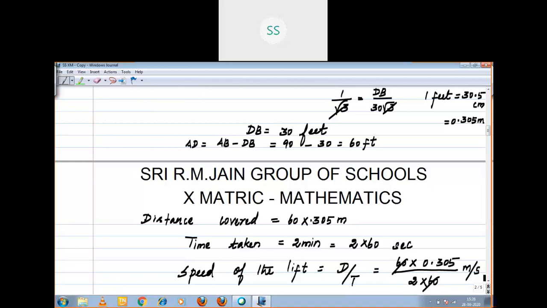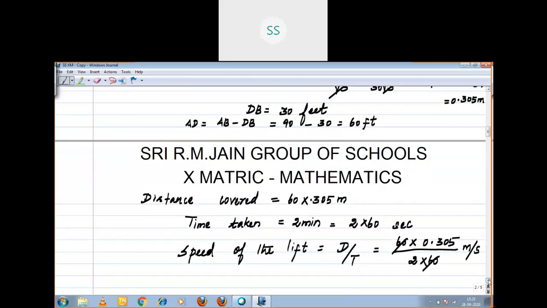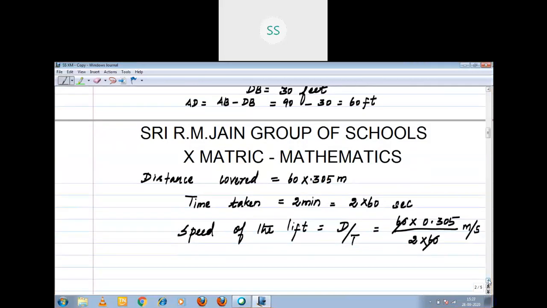Now I am going to divide 0.305 divided by 2, which is equal to 0.1525 meter per second. Now this is meter per second.